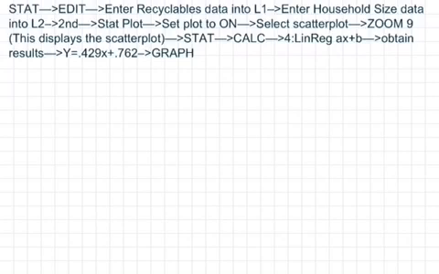Once you obtain your results for A and B, you will press the Y equals button, then type in your function. You should have gotten 0.429x plus 0.762, rounding those values for A and B to 3 decimal places.